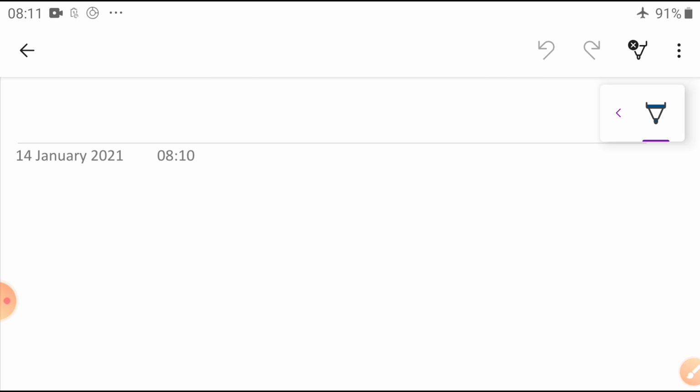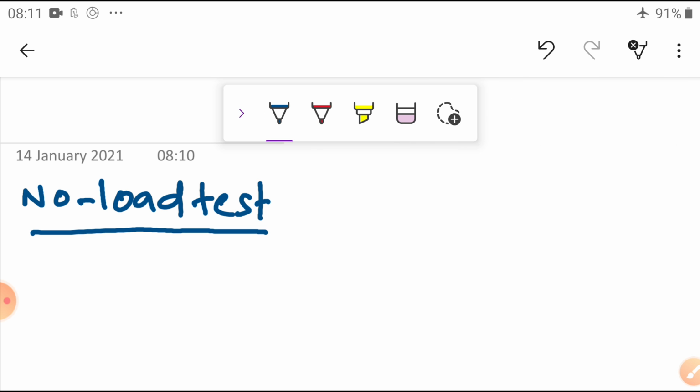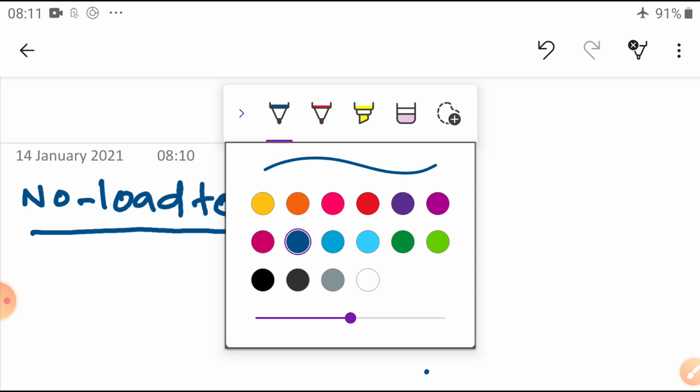Now, what is the no load test? Dear students, because this test is what you are going to perform in the laboratory, that is why I am concentrating once again. You can see how to do this experiment.